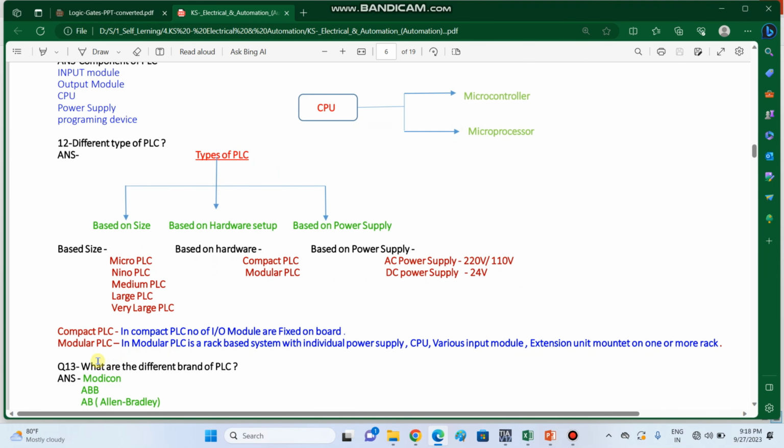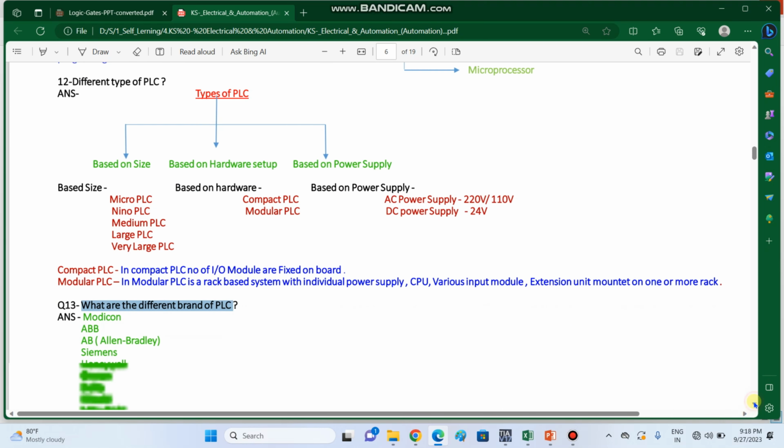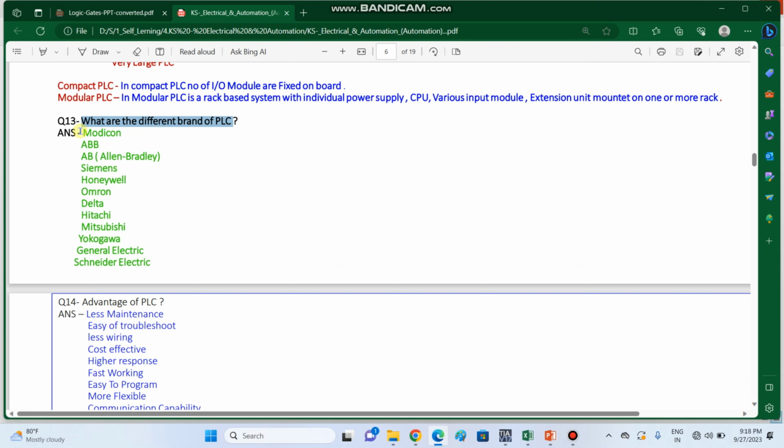Again, what are the different brands of PLC? Modicon, ABB, AB meaning Allen Bradley, Siemens, Honeywell, Omron, Delta, Hitachi, Mitsubishi, General Motors and Schneider Electric.